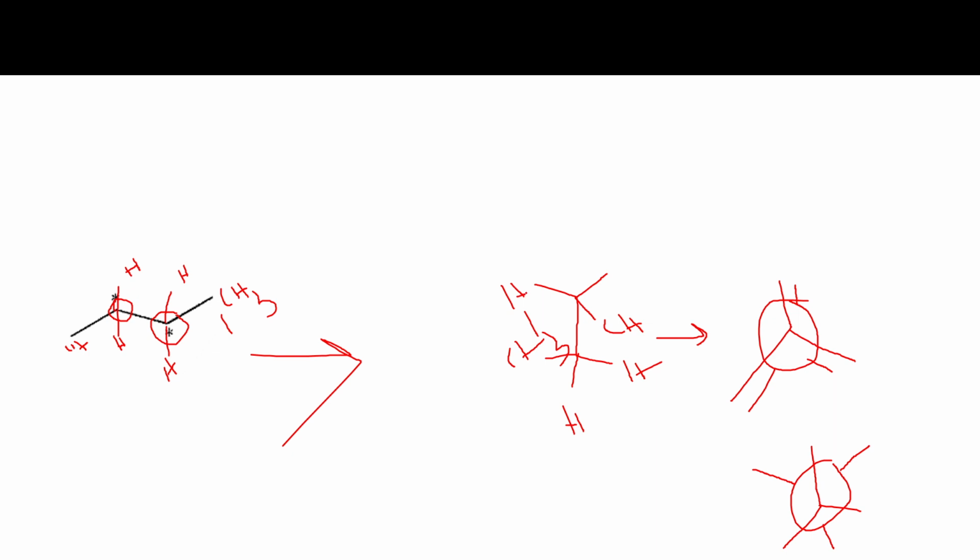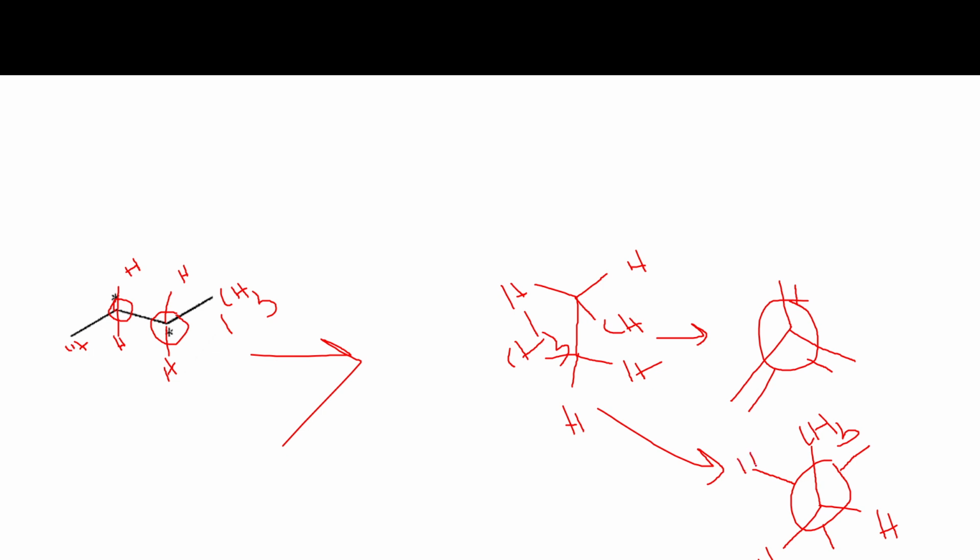And if you project this as a Newman projection, directly it will be like this. So your one methyl will be here, and these will be your two hydrogens here.